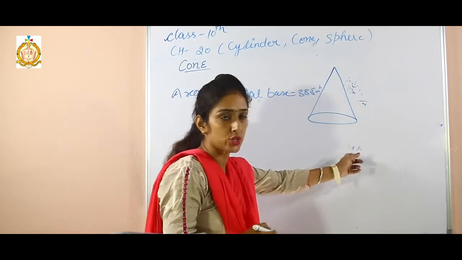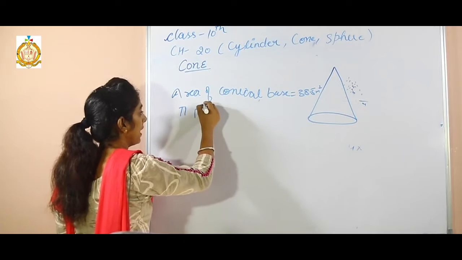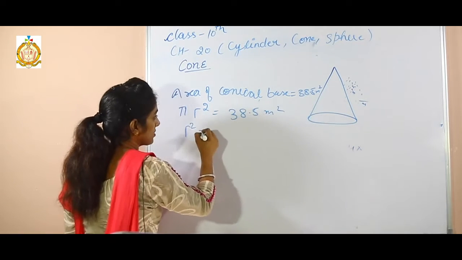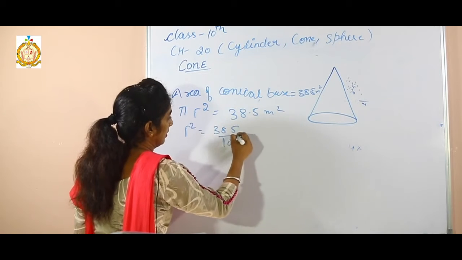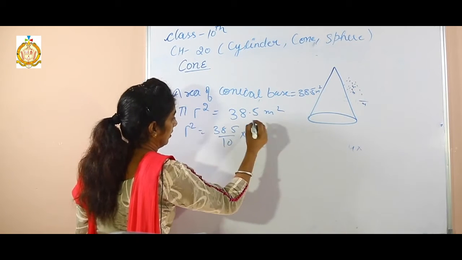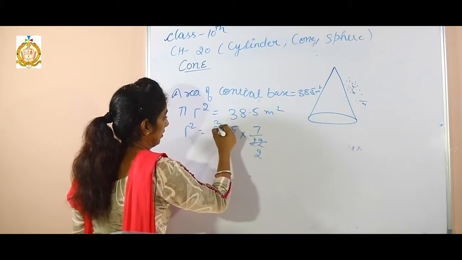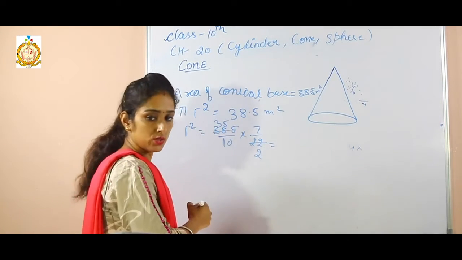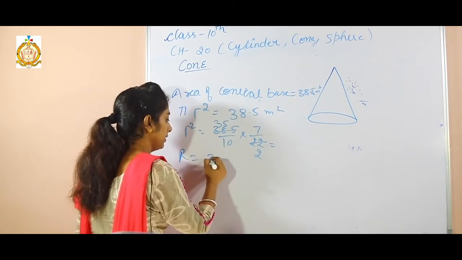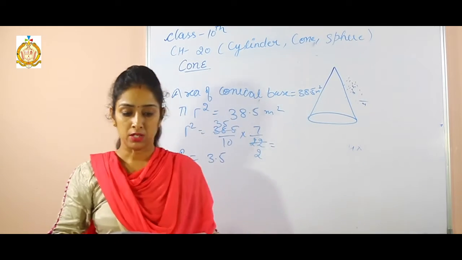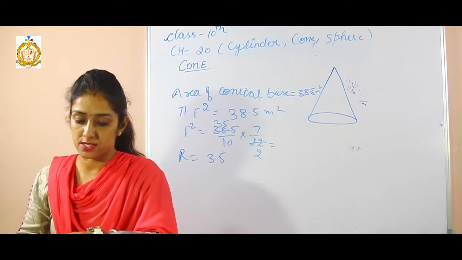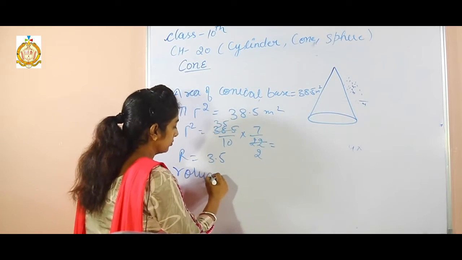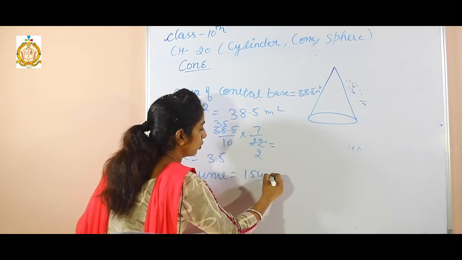Now this is in a circular shape, so the area is pi r square. After solving it you get r is equal to 3.5. Okay, now next, its volume is 154 meter cube.